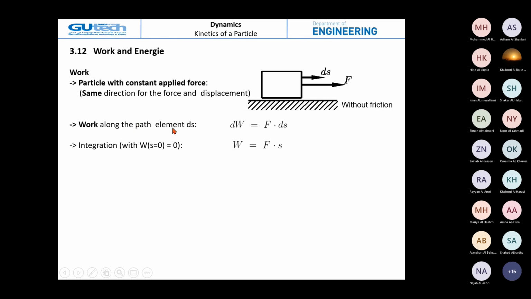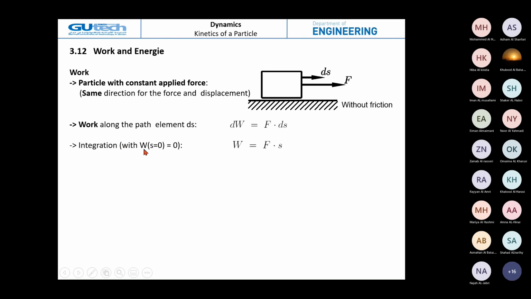Work along the path element ds. The work is defined by dW, which is equal always to the force multiplied by the displacement. This is the definition of the work. The work is always the force multiplied by the displacement.